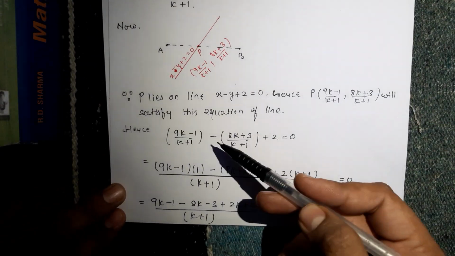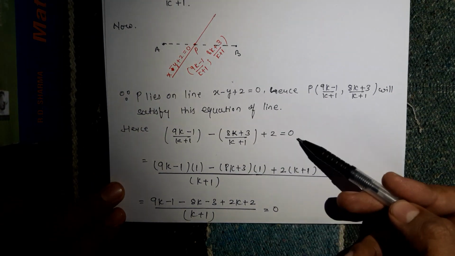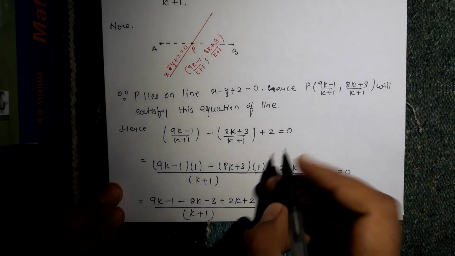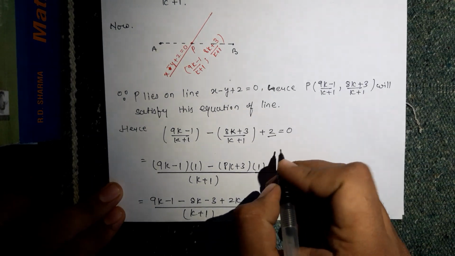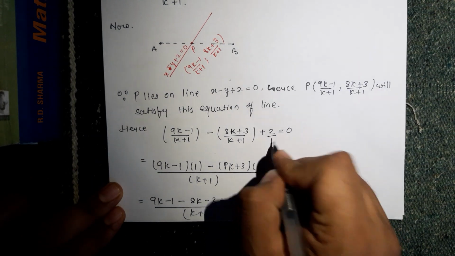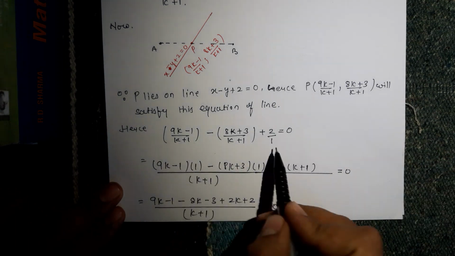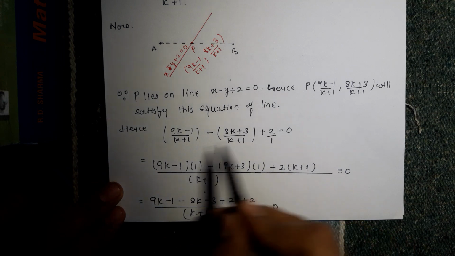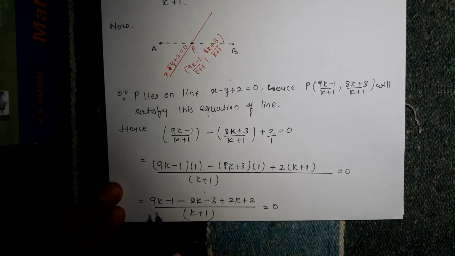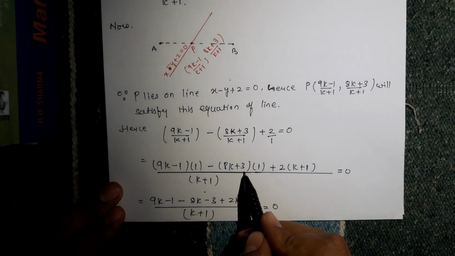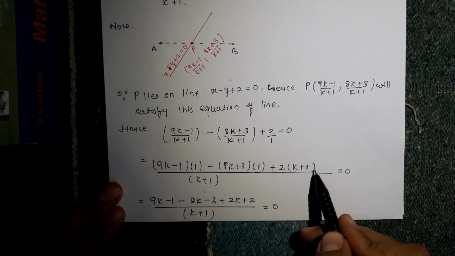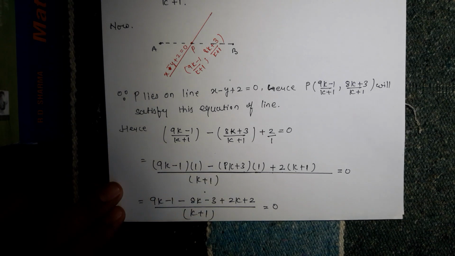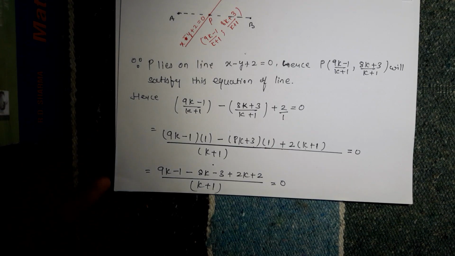So the equation was x minus y plus 2 equal to 0. Since nothing is there as a denominator of 2, we take the denominator of 2 as 1. Now by taking the LCM, the LCM will be k plus 1. Solving this, we get the equation (9k minus 1 minus 8k minus 3 plus 2k plus 2) upon (k plus 1) equal to 0.